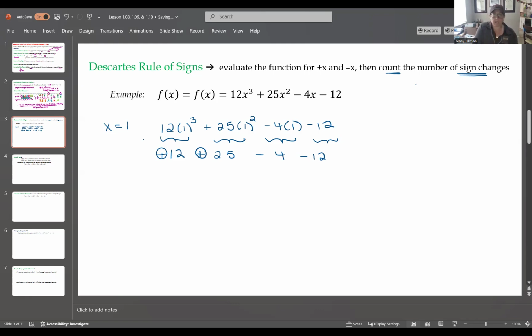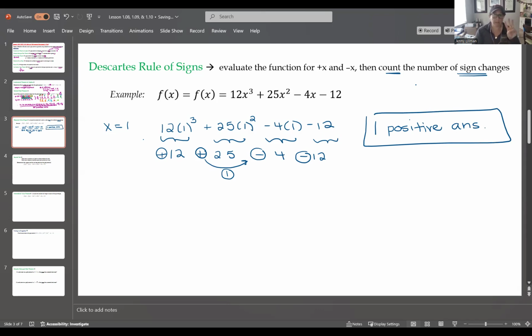Then I go from a positive to a negative, so this is one sign change. Then I go negative and stay negative. So in the whole thing, I only change signs one time. Since I plugged in a positive number, this tells me that I only have one positive answer.